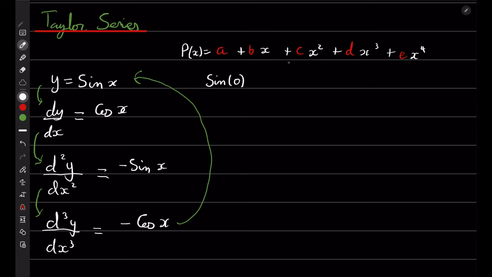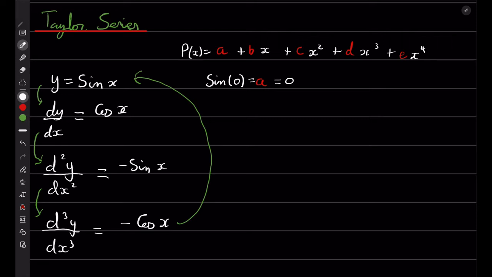So when it's just the plain function, these x terms go away because we're working with 0, which means a should be the only one left. Sine of 0 should be equal to a, and sine of 0 is 0. So a is 0. Okay.